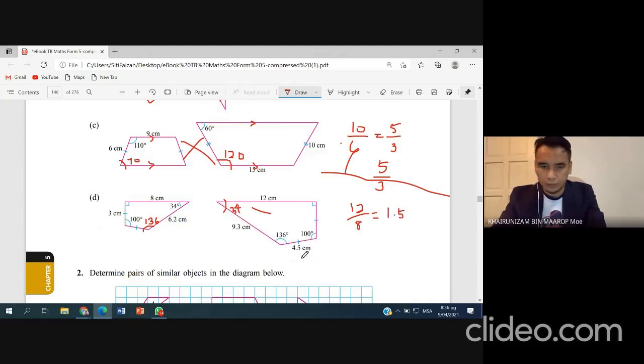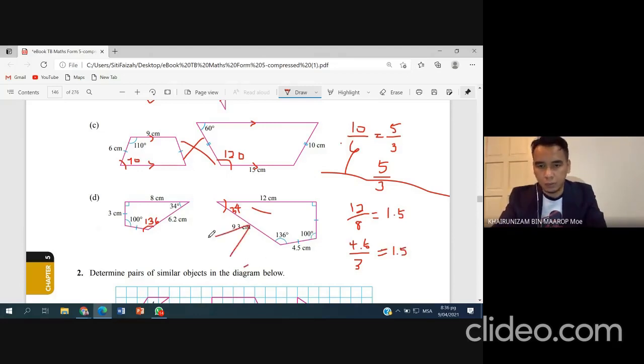What about the others? This one equal to this one, 3. So 4.5 divided by 3, so we still can get 1.5.